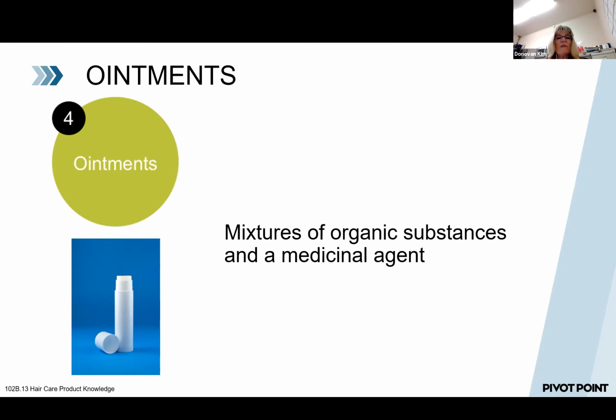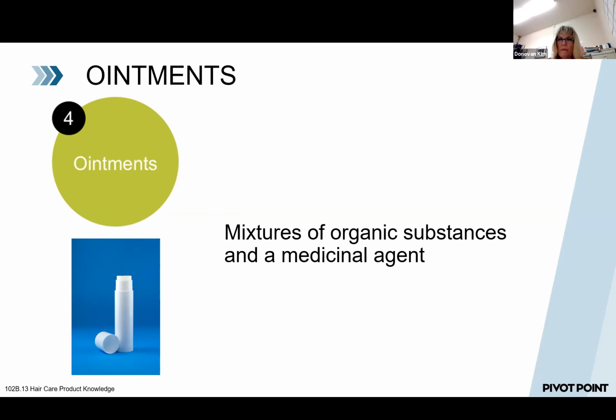So if you think of things like Vaseline, Aquaphor, Carmex, some chapsticks, you're probably not going to find water in there, but it will have some type of medicine to help heal whatever you may have.